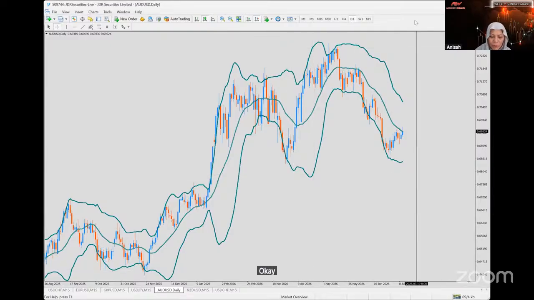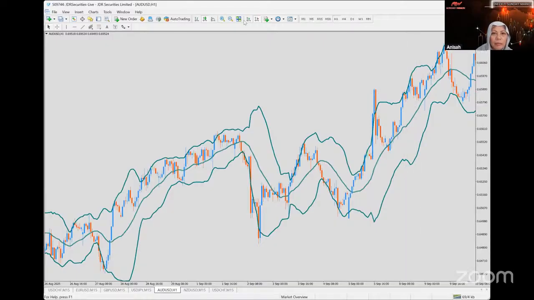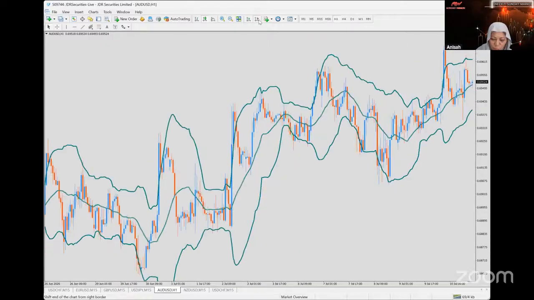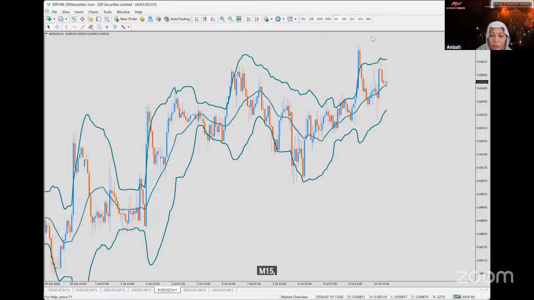Okay, so this is Aussie dollar daily. H1. Okay, so this is intermediate trend is up.